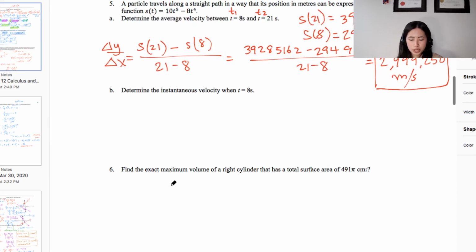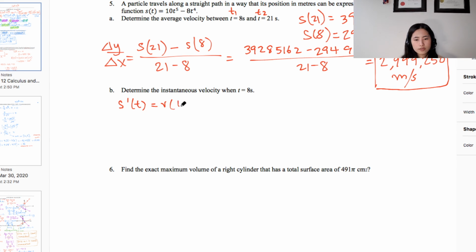For this question, when you're looking at instantaneous velocity, you need to remember that you're taking the first derivative of your position function, so the first derivative of s of t. That's what instantaneous velocity means.